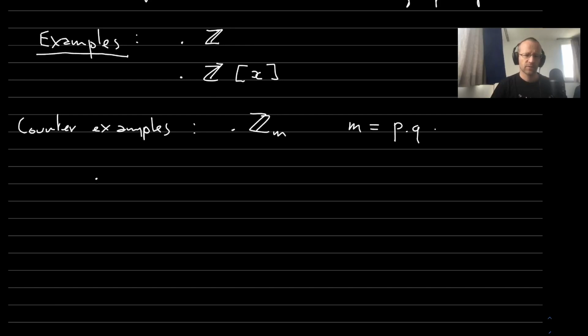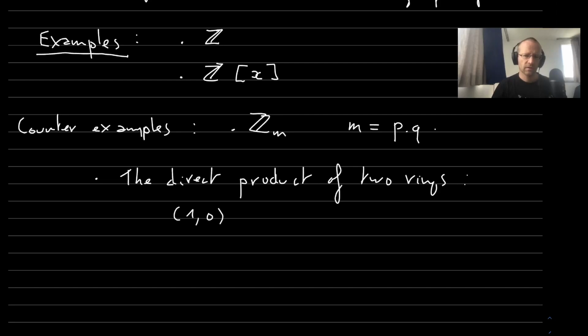Other counterexamples are the direct product of two non-zero rings, because then we have zero divisors, (0, 1) times (1, 0).